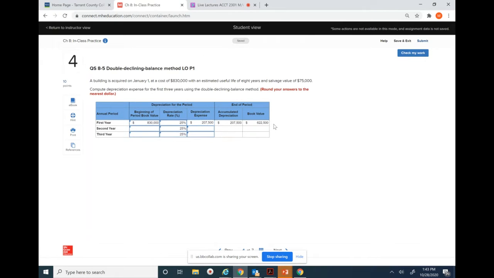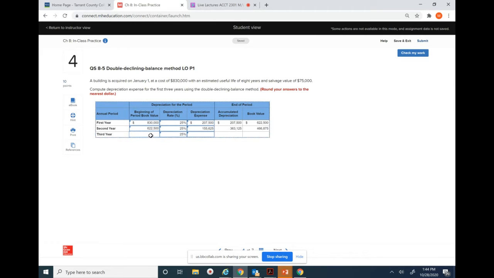Now, remember earlier today I showed you how to calculate book value. The book value is the beginning minus the accumulated depreciation. So the book value at the end of the first year becomes the book value at the beginning of the second year. So I'm going to continue the calculation. 622,500 times 25%. The second year, the depreciation expense is $155,625. Book value is calculated again for me.